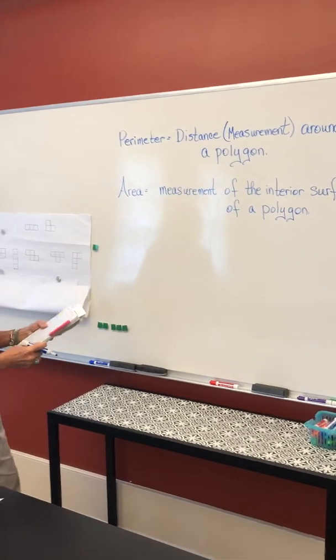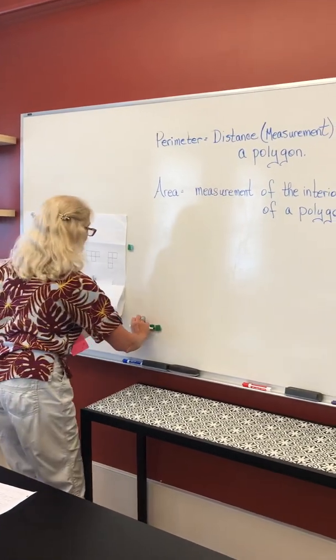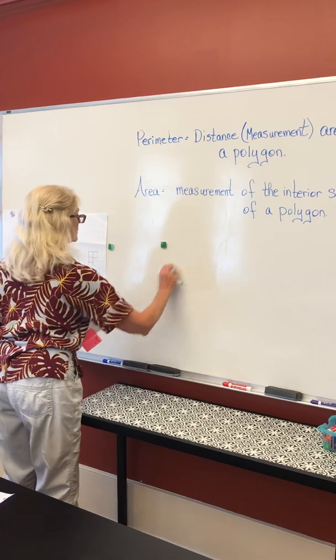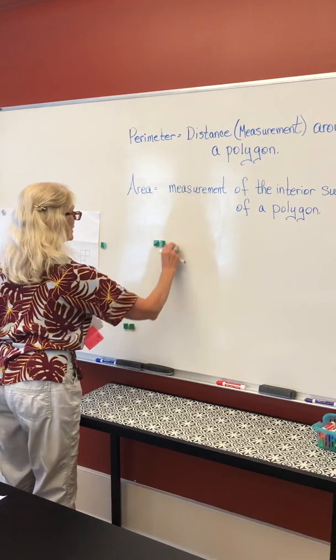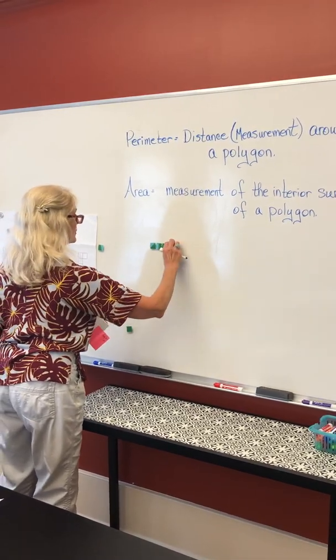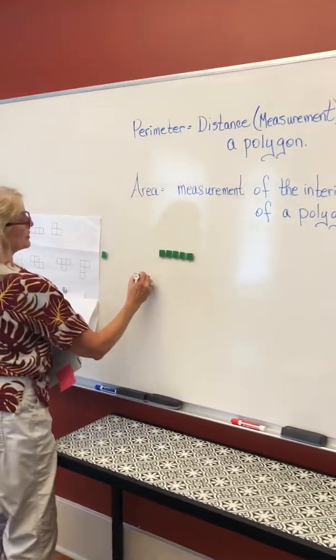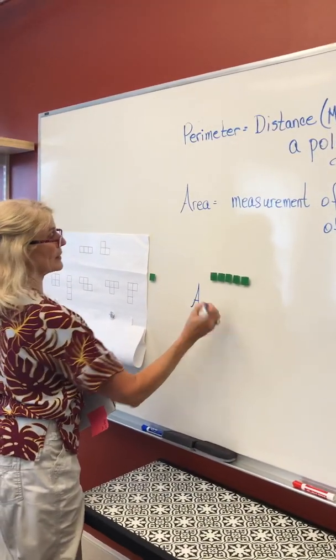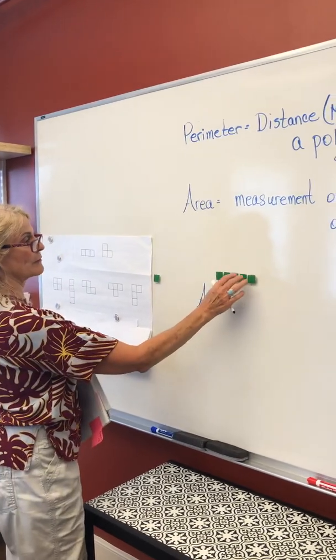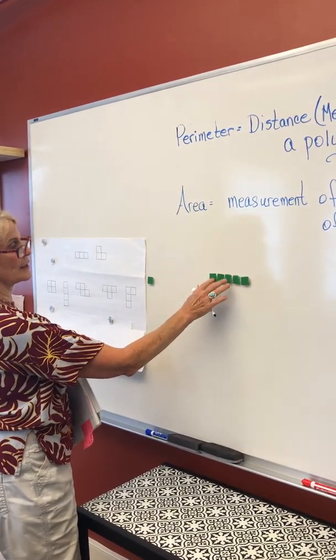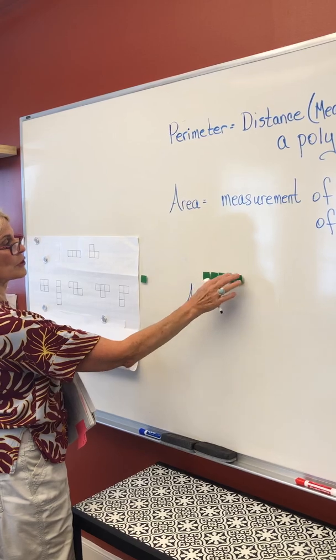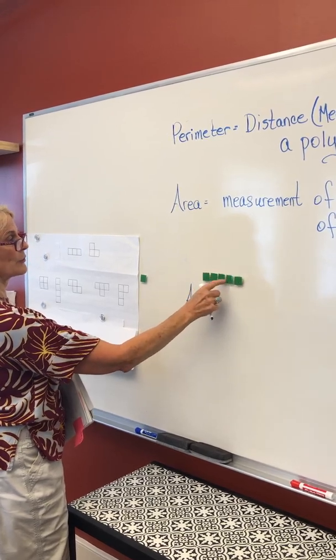So let's look at these pentominoes here we have, all right? So I'm just gonna do the area first, use an A, because that's pretty easy. We have 5, right? We're measuring the interior surface, and it's usually done by square units, right? 1, 2, 3, 4, 5.